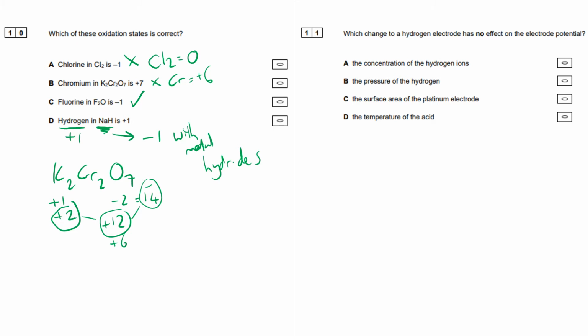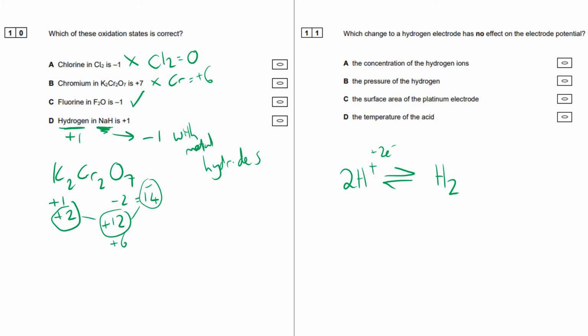Question 9. Which change to a hydrogen electrode has no effect on the electrode potential? So in the hydrogen electrode, you have hydrogen ions in solution, and you're making hydrogen gas, or hydrogen gas is bubbled in.